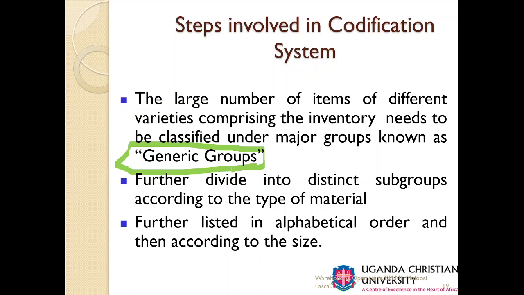We said aluminium, copper, iron. Then if there are different sizes of aluminium, again, you divide that into different subgroups. And that is how we come up with a code. But it's very important to know the general group, main group, subdivide it, keep subdividing.